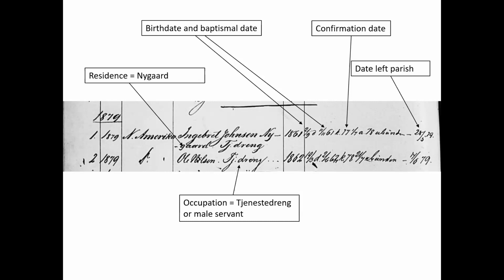So it's clear that Ingebret is from this parish. He's from Tolga Parish, where this moving out record is from. And clearly the priest has just gone through other records and filled all this information in. So this is an incredible record, because we have everything we need to know about Ingebret. We know he's going to the US in 1879, and we know the date he's leaving.